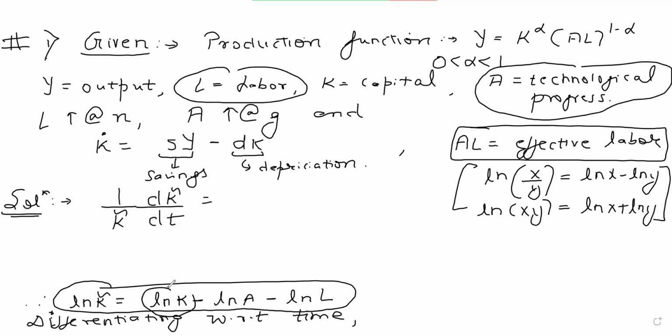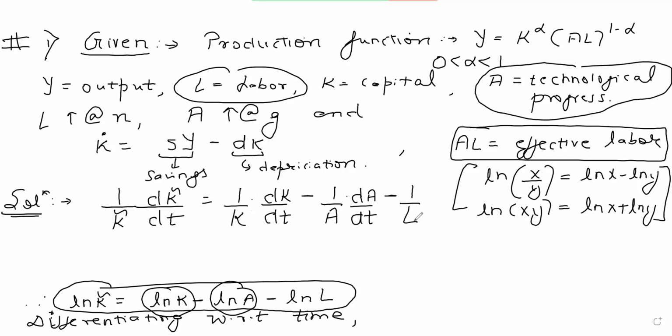What's the derivative of ln k? 1 over k times what's the derivative of k with respect to time? dk by dt. Minus what's the derivative of ln A? 1 over A times what's the derivative of A with respect to time? dA by dt. Minus what's the derivative of ln L? 1 over L times what's the derivative of L with respect to time? dL by dt.